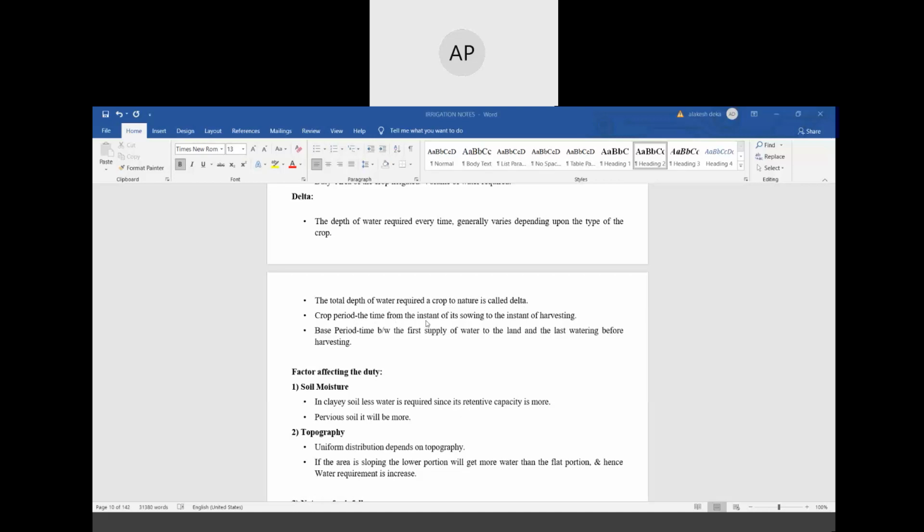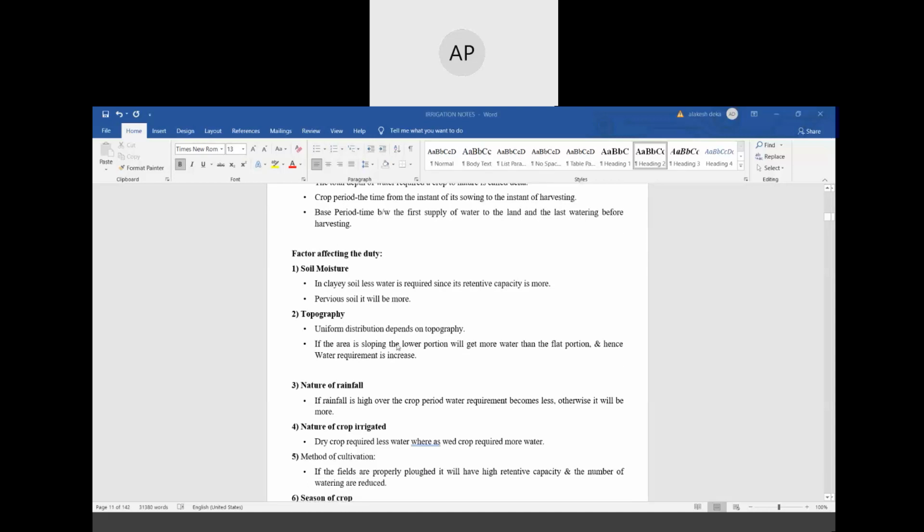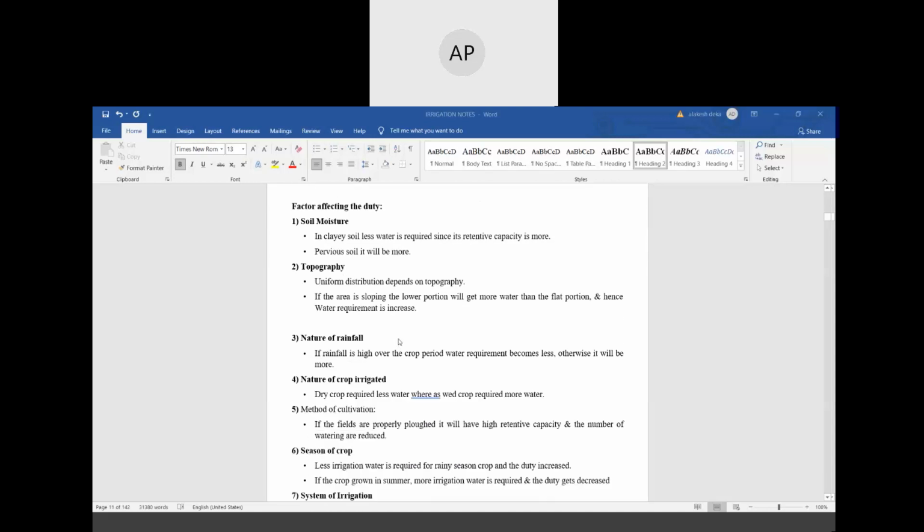Crop period: the time from the instant of sowing to the instant of harvesting. Base period: the time between the first supply of water to the land and the last watering before harvesting. And there are some factors which affect duty.